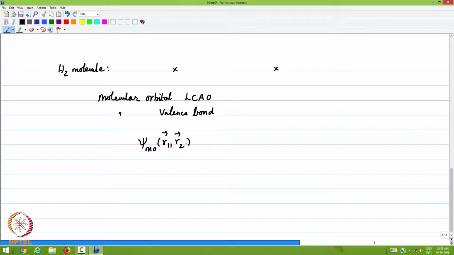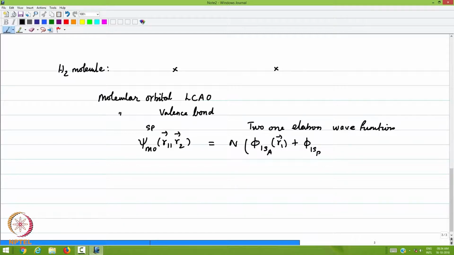This is a spatial wave function, and this is constructed from the two one-electron wave functions of the H2 plus as one possibility, namely a normalization constant times phi 1s A of R1, plus phi 1s B of R1, the same electron coordinates being associated with nucleus B. This is the molecular orbital bonding wave function, if you remember, for the H2 plus electron.